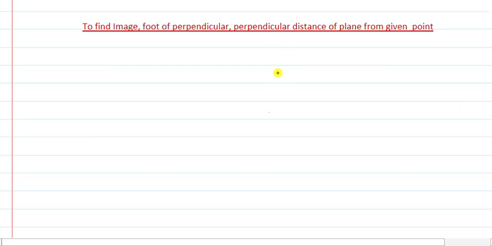This has the same concept as we discussed in the case of a line. If you remember, I explained how to find the image, foot of perpendicular and distance of a point from a line. Here, in place of a line, we have a plane. So, let me discuss it.